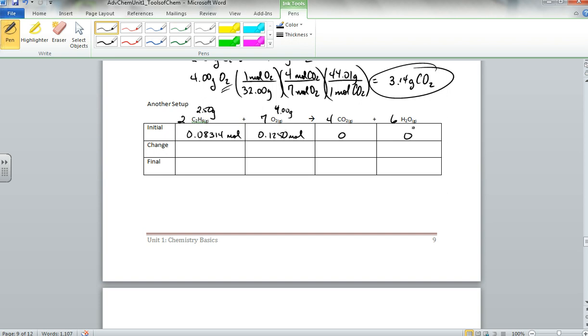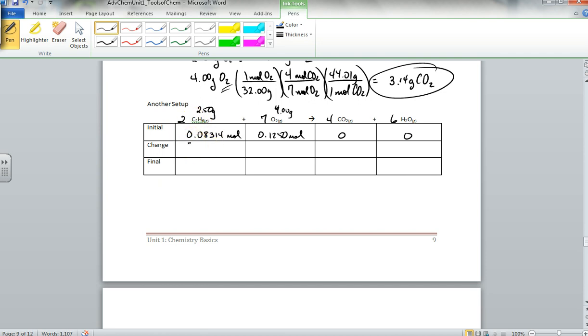So in the previous setup, we figured out which one was the limiting reagent by seeing which one gave us the smallest amount of product. Well, we want to determine which one's our limiting reagent before we even do anything yet. The easiest way to do that is to look at the number of moles that you have and divide it by the coefficient. Think about what size of number you would get if you took 0.083 divided by 2.